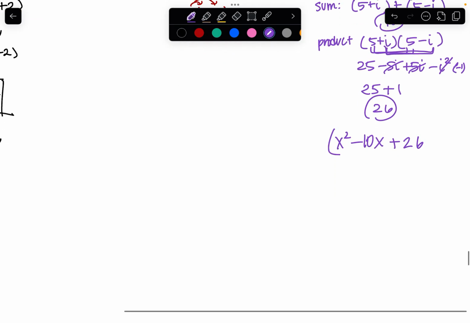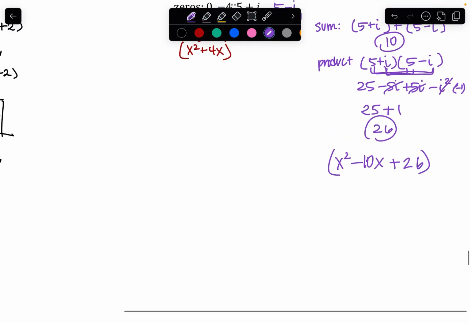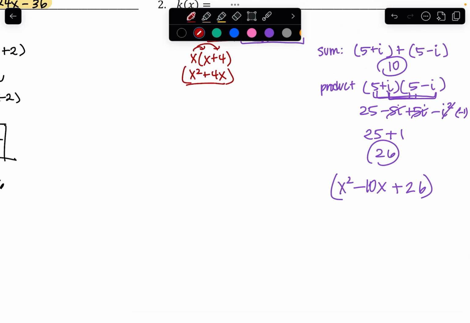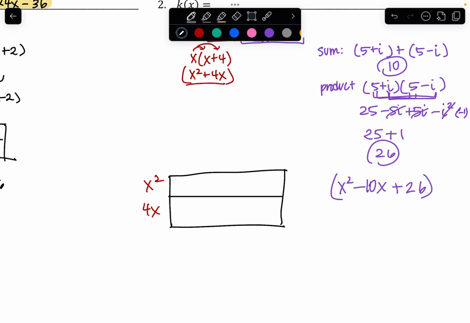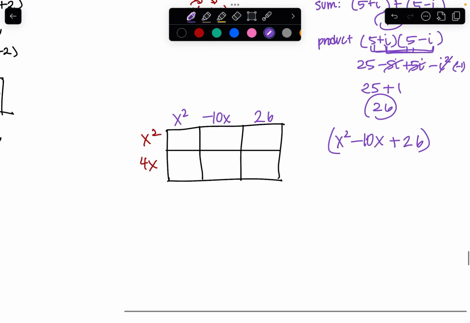Okay, and so now I just need to multiply that purple quadratic by this red quadratic. So x squared plus 4x, and then we would have x squared minus 10x plus 26.